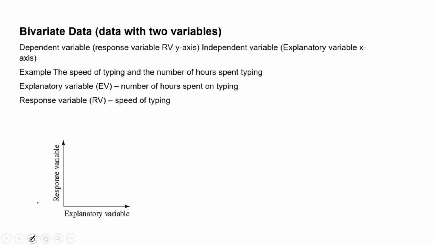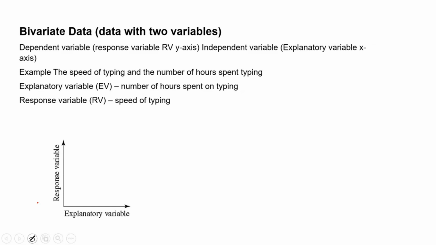Bivariate data has two variables. We look at the dependent variable, which is also referred to as the response variable, RV, which is the y-axis, and the independent variable, which is the explanatory variable, which is the x-axis.